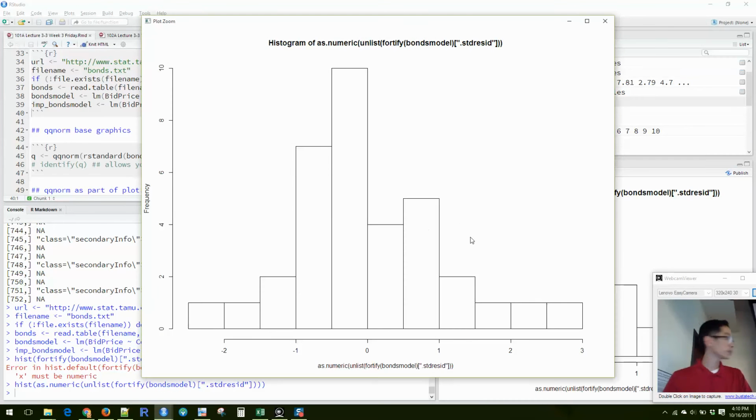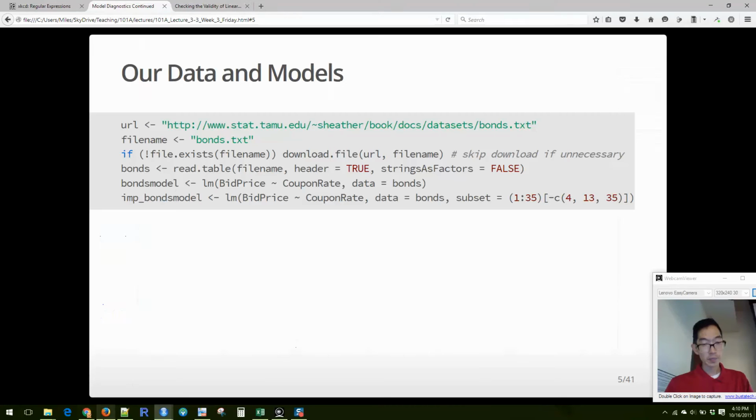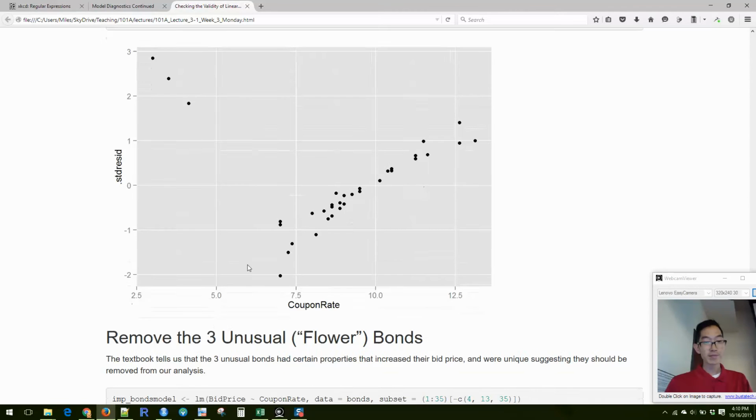If I create just a normal histogram, this is what it looks like. When you take away the fact that we're plotting them against the coupon rate, these outliers are no longer as apparent, right?